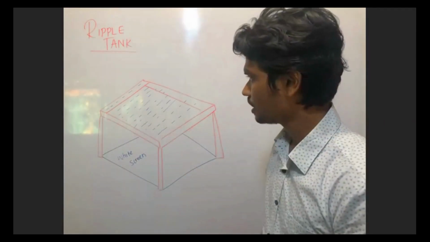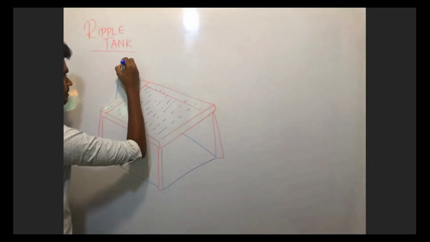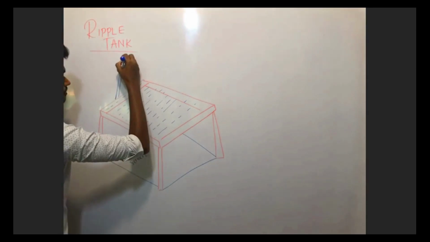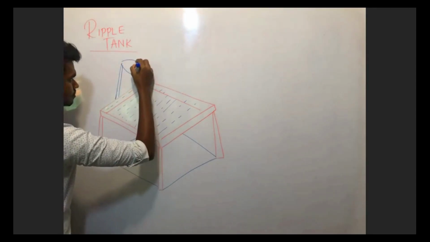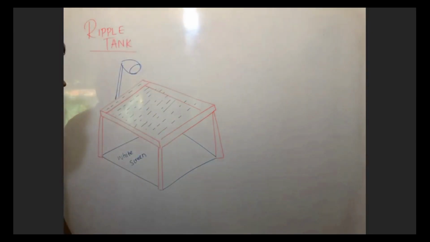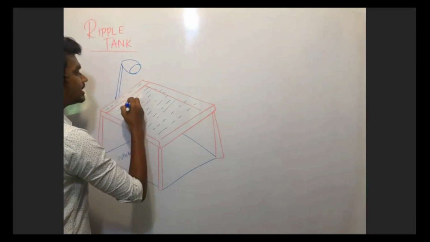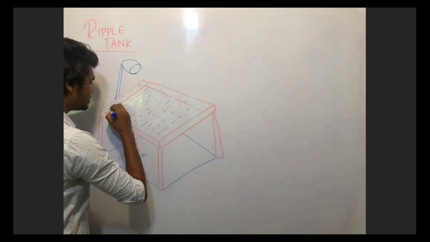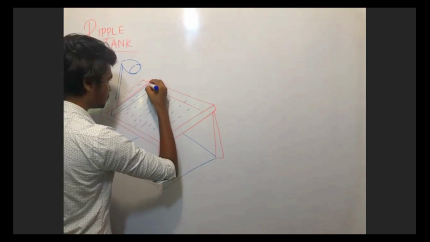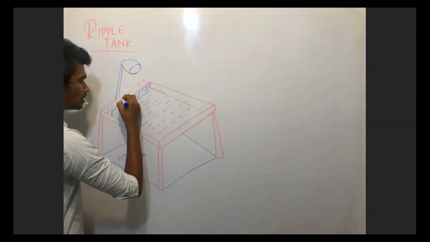Okay. So on the top, at this kind of a place, there is a bulb. And then there is an oscillator, a vibrator, and a motor connected to it.